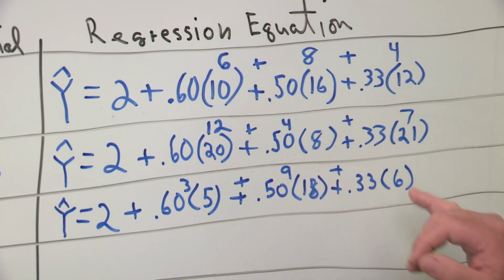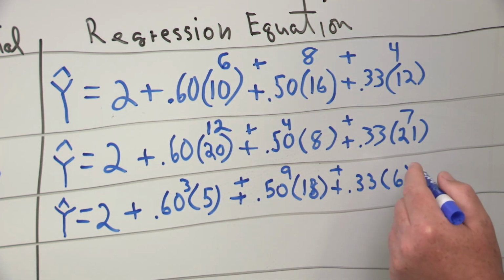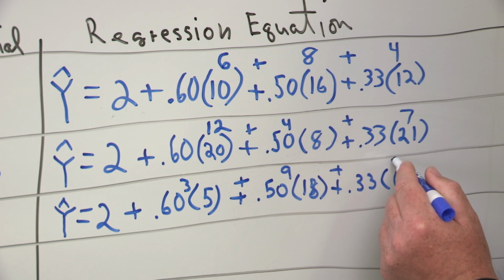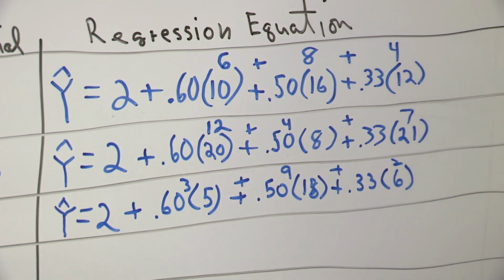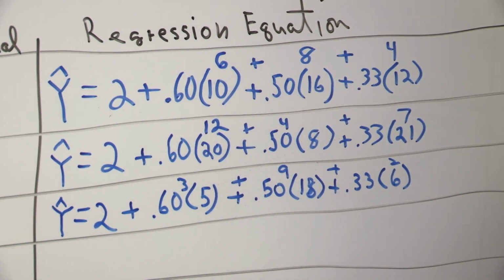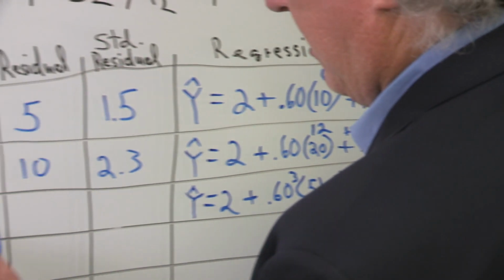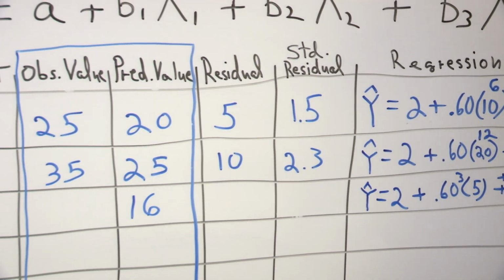Plus 0.33 times 6, or 1/3 of 6, is 2. Okay, so here we have 2, plus 3 is 5, plus 9 is 14, plus 2 is 16. So here the predicted value out of the model for participant number 3 is 16.